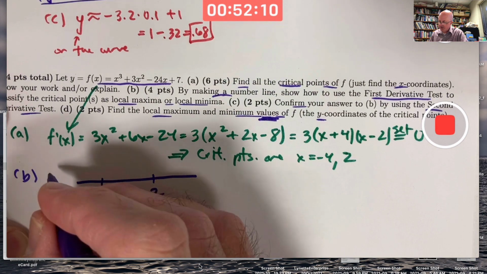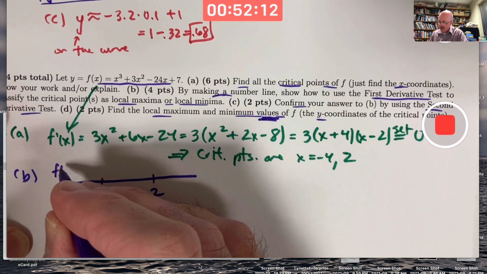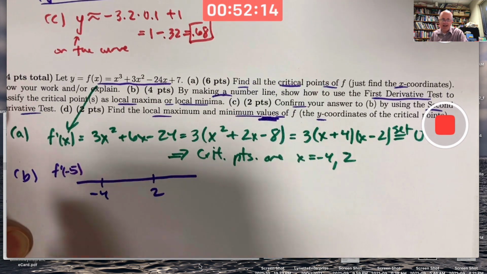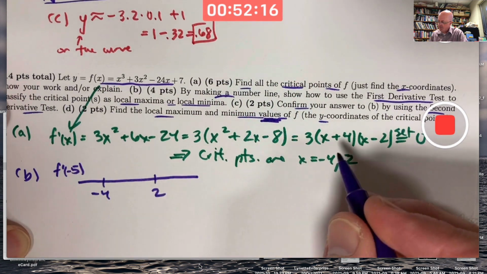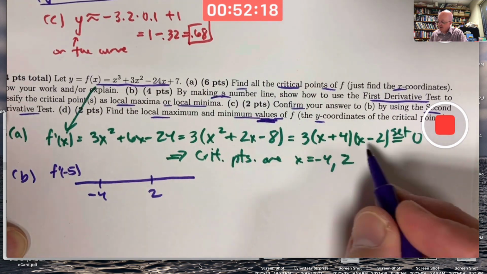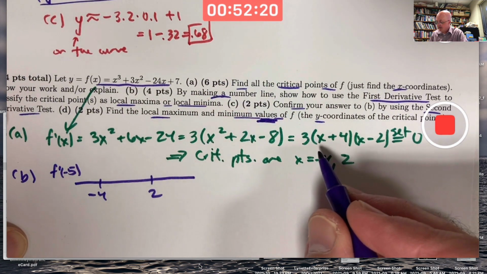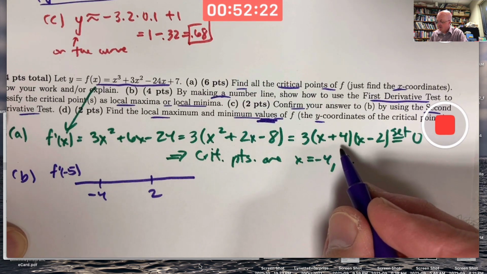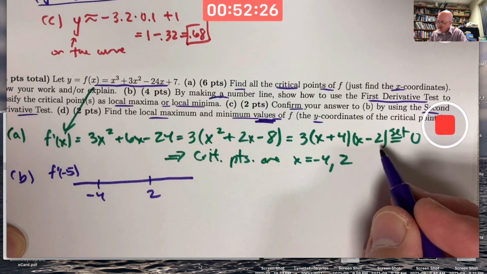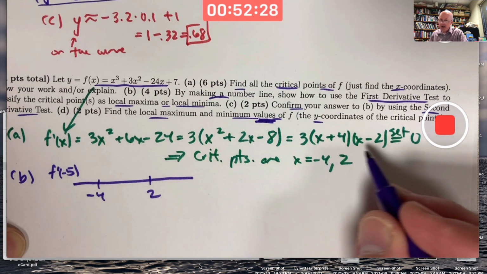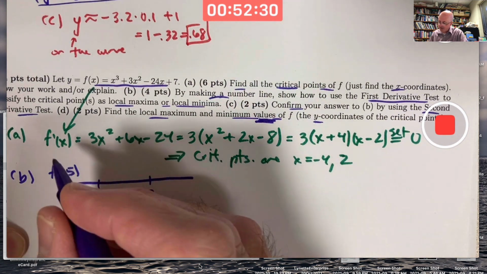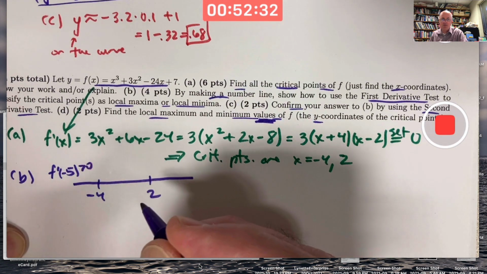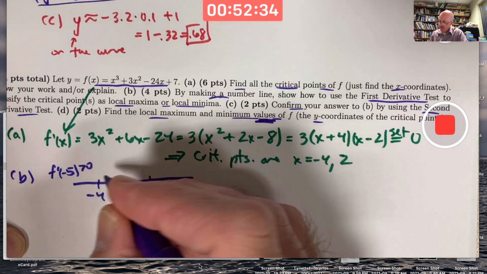So for example, if I imagine plugging in negative 5, or any other number less than negative 4, you don't actually have to evaluate it, you just have to think about it. Will it be positive or negative? 3 times negative 5 plus 4 is negative 1, but negative 5 minus 2 is negative 7. 2 negatives times a positive make a positive. F prime of negative 5 is positive.